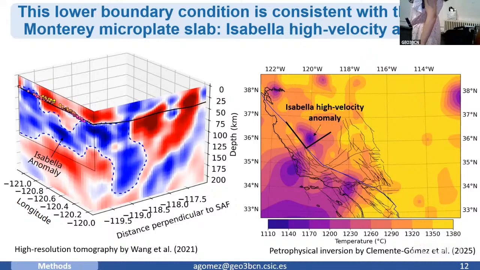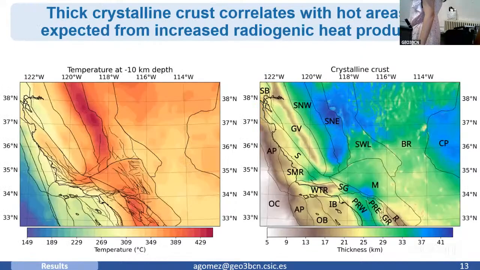So you see in this tomographic cube this high velocity body, which corresponds to this fossil slab. So we are actually capturing this geologic feature in our lower boundary condition.